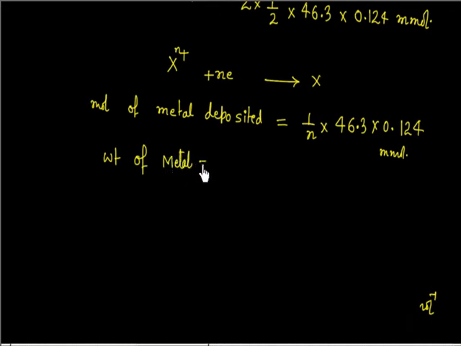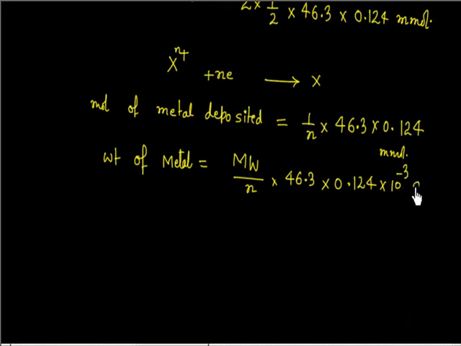So weight of metal is simply mole multiplied by molecular weight. If I multiply by this value, 46.3 into 0.124, and I have to multiply by 10 to the power minus 3, then the value will be in gram.